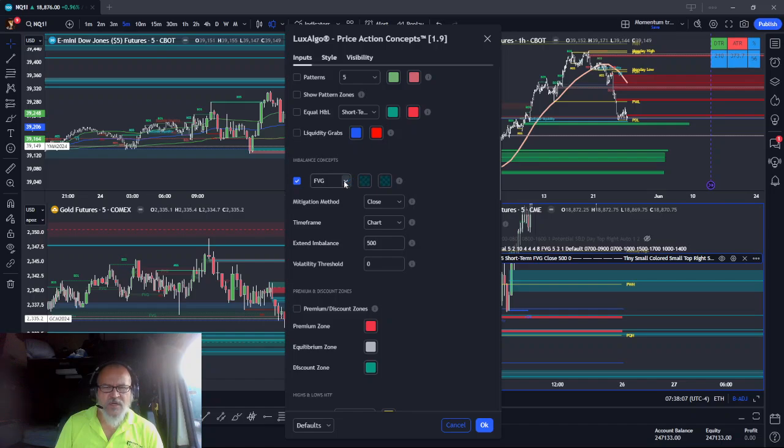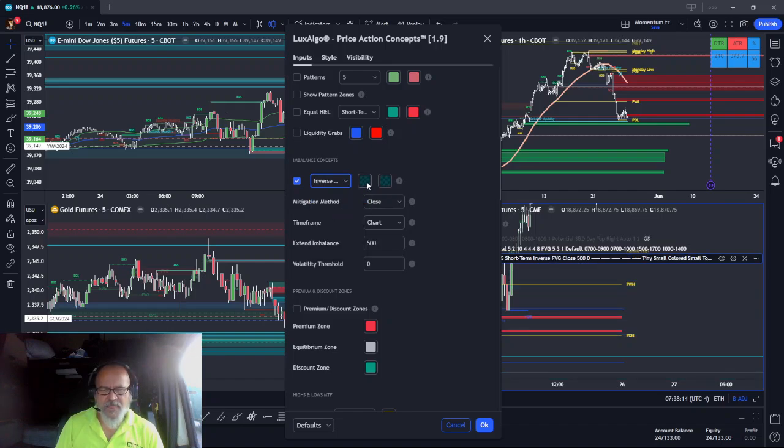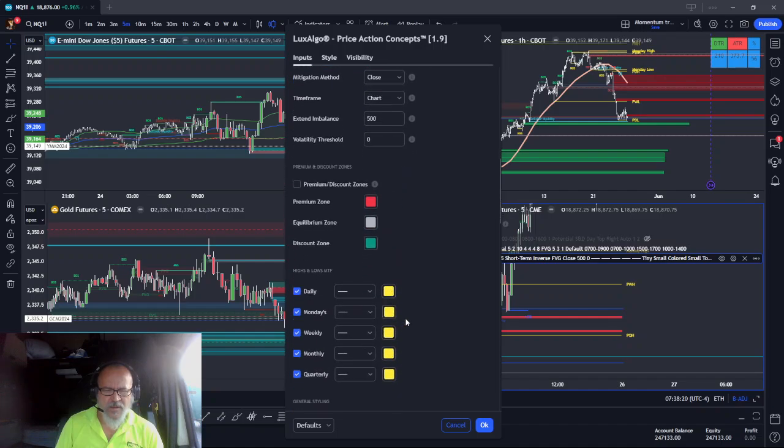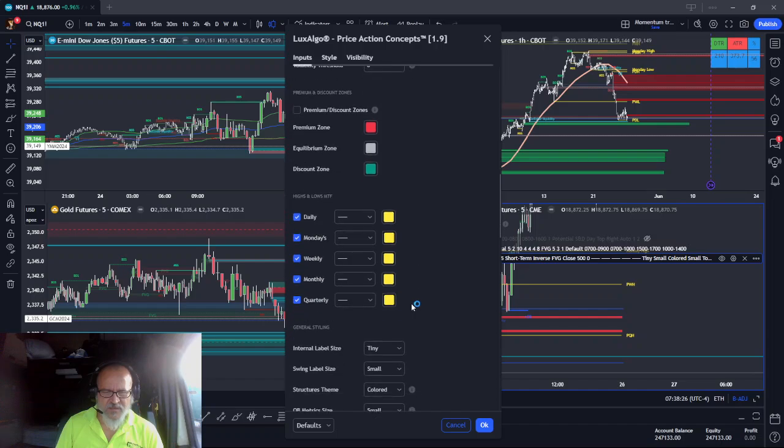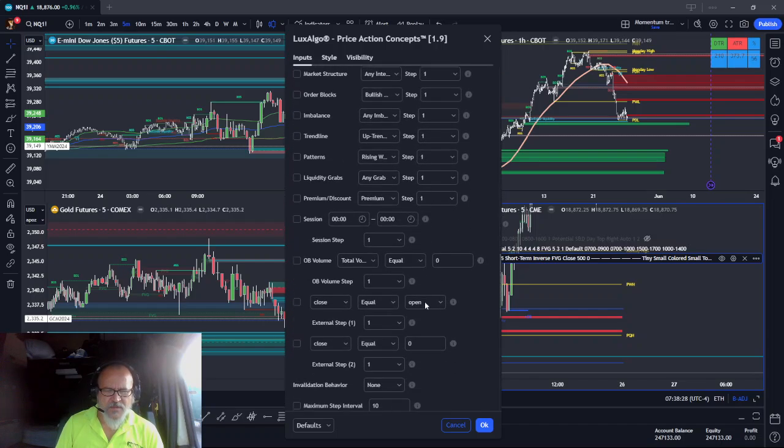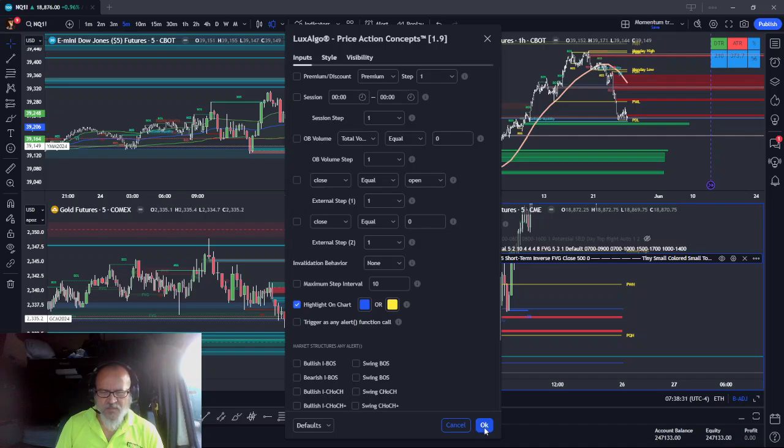This price action will show my inverse fair value gaps. And then it will also give me my highs and lows from multiple time frames. Okay, so that's what we're going to use the price action concepts, which is the paid indicator, for.